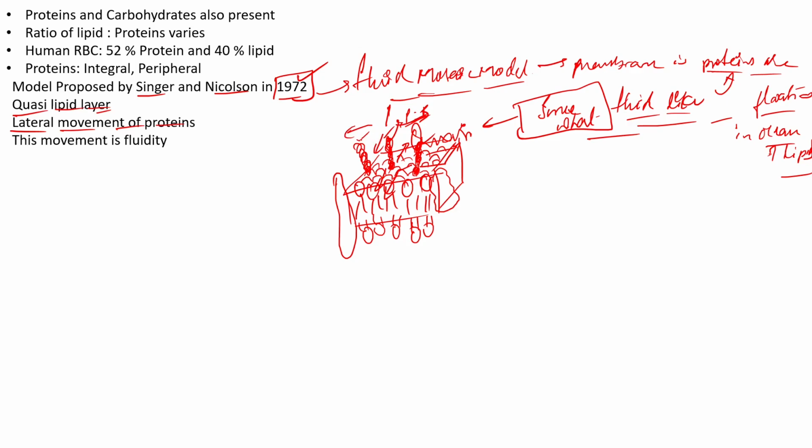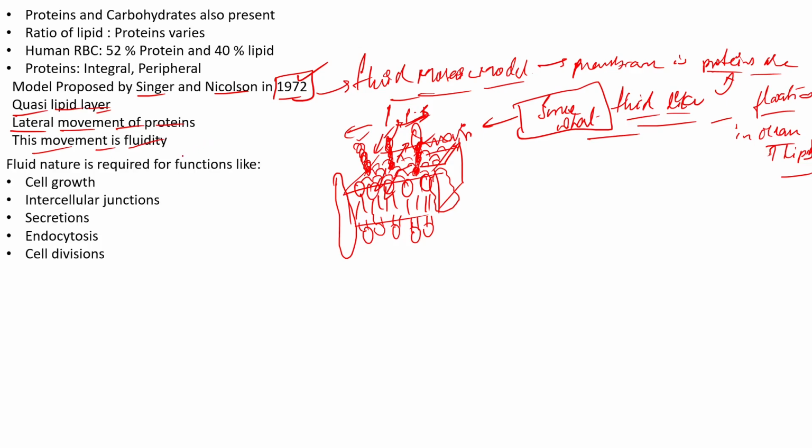Remember that. The lateral movement of the proteins is mainly due to the quasi-fluid-like nature of the plasma membrane. This movement we refer to as fluidity. So we have made the concepts clear over here.